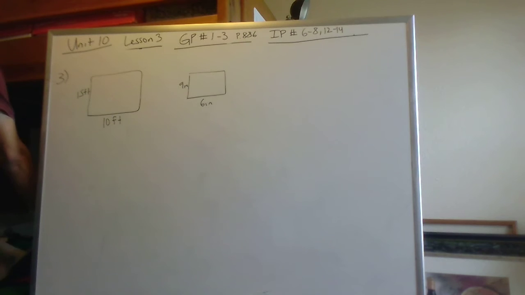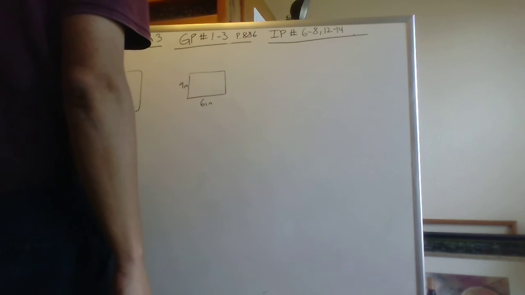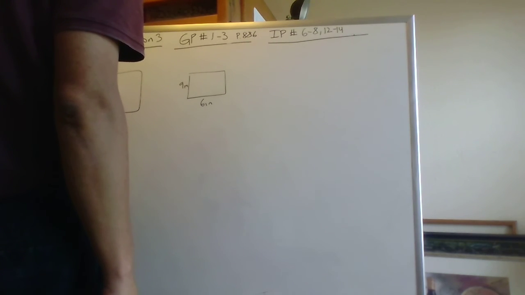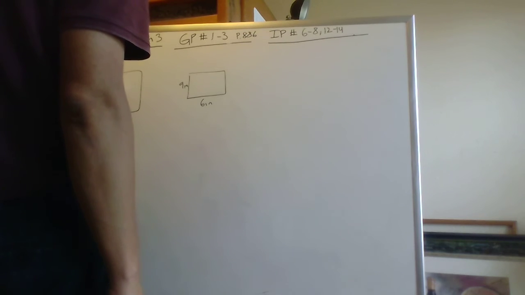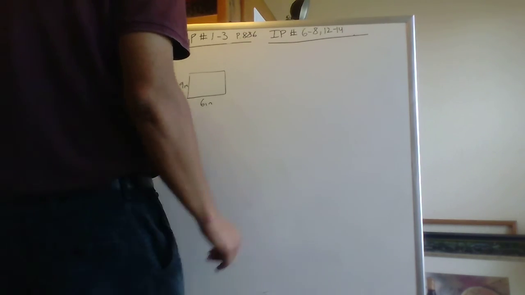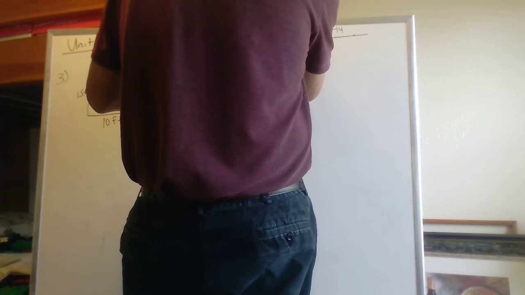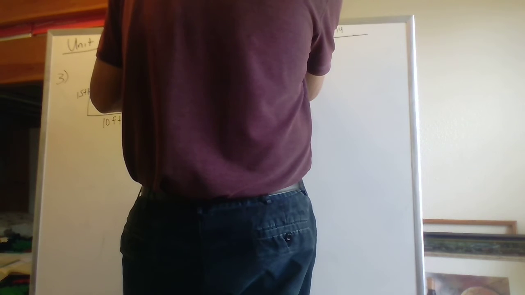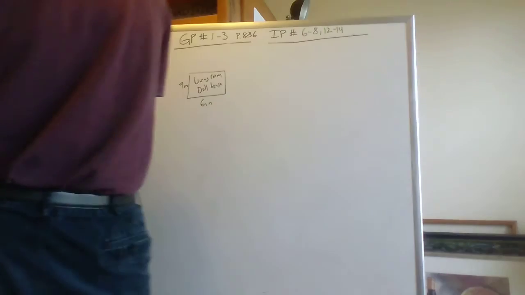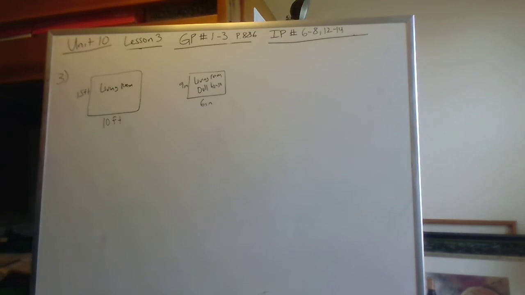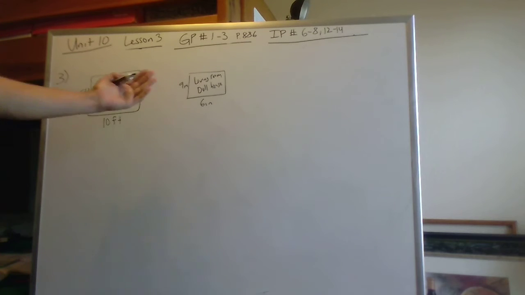So we have the living room right here, and then we have the living room in the dollhouse. And essentially, we need to determine if it is a dilation. What we're going to have to look at is the dimensions of each of the shapes.